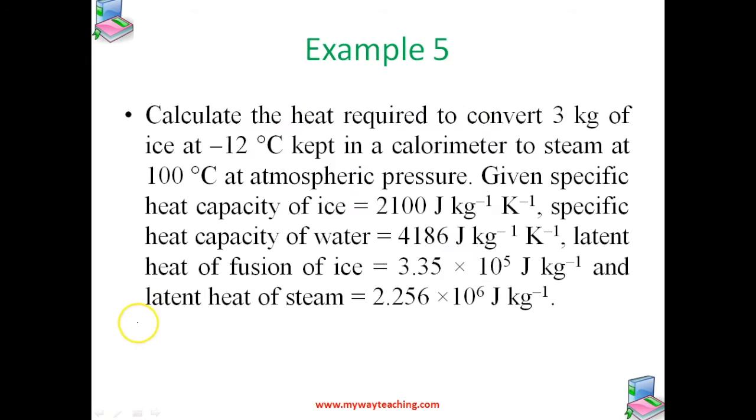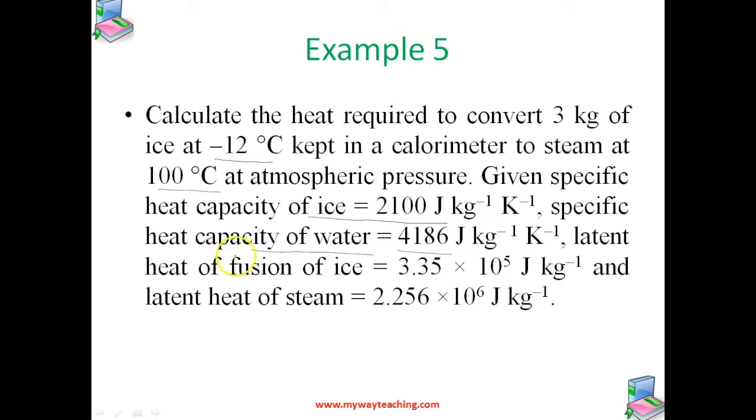Okay. So now let us solve one more problem. Calculate the heat required to convert 3 kg of ice at minus 12 degrees Celsius kept in a calorimeter to steam at 100 degrees Celsius at atmospheric pressure, and given specific heat capacity of ice, that is 2100 joule per kg per Kelvin, and specific heat capacity of water is 4186 joule per kg per Kelvin.